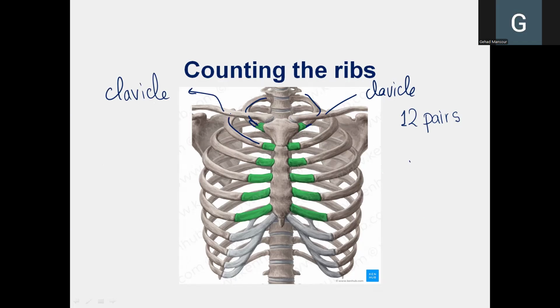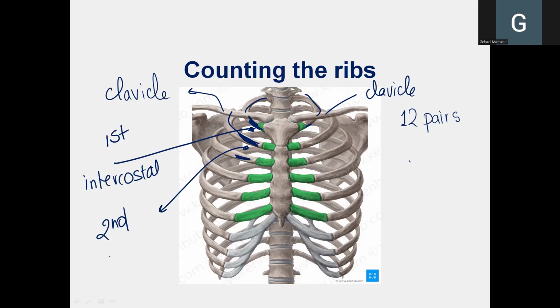And don't forget that the space between the first rib and the second rib is the first intercostal space. And therefore, the second intercostal space would be the space between the second rib and the third rib. The first intercostal space is between the first and second ribs, and the second intercostal space is between the second and third ribs.